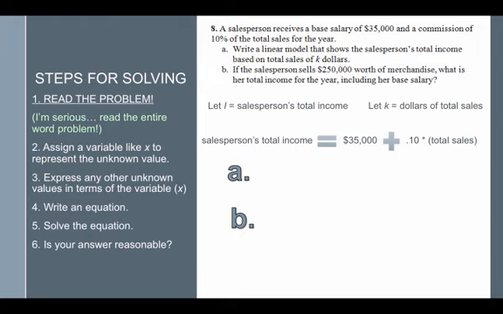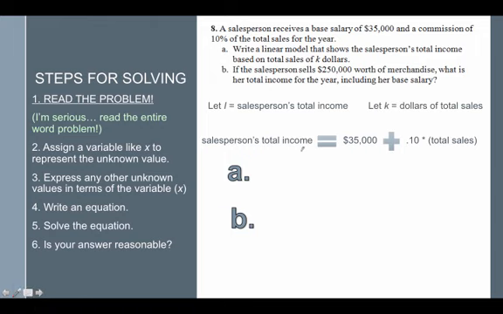I'm going to define capital I as the salesperson's total income and little k as the dollars of total sales. When I go back up and read the first sentence of the problem, I see a salesperson's total income. What this person receives as their salary is going to be $35,000 plus 10% of the total sales. Literally, as I read the English, I can understand the math.